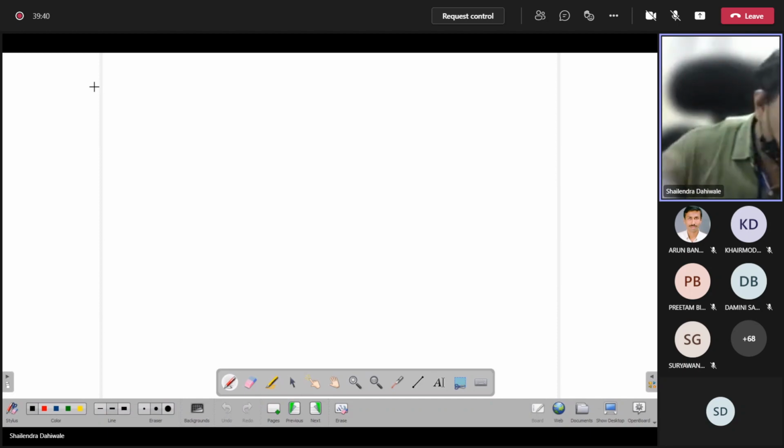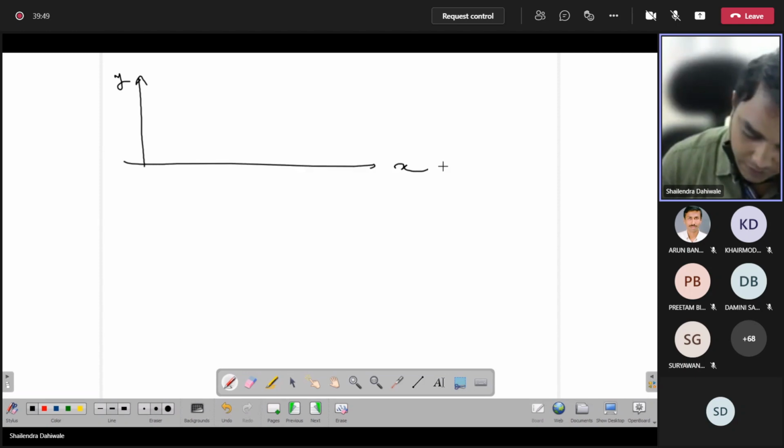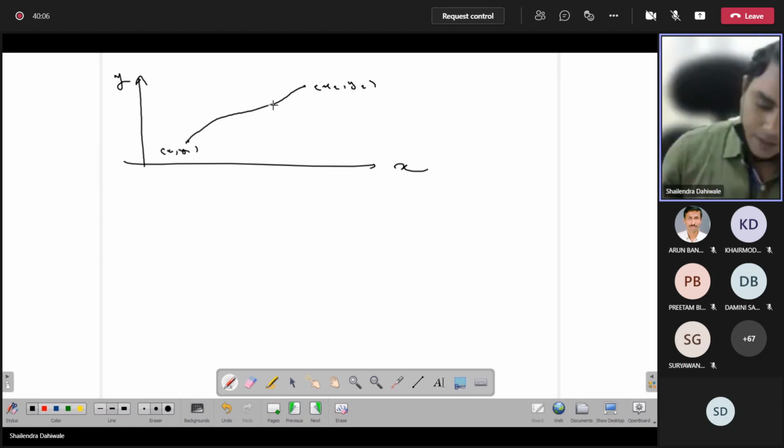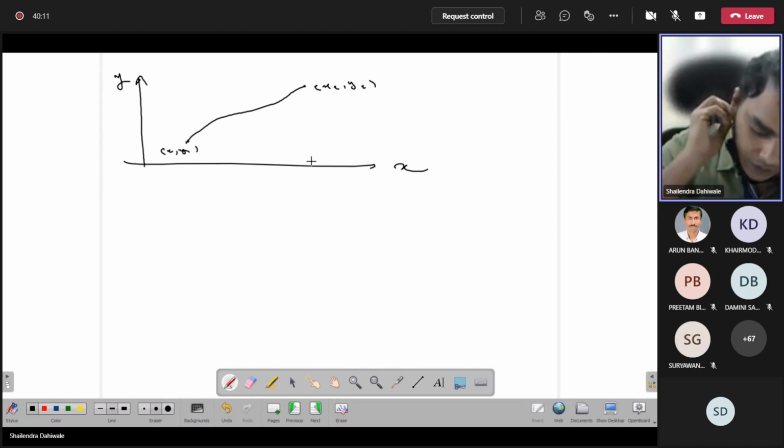In general, what we are doing is, this is my y, this is my x, and this line integral is this, from x1 y1 to x2 y2. Here your x is playing the role of t.